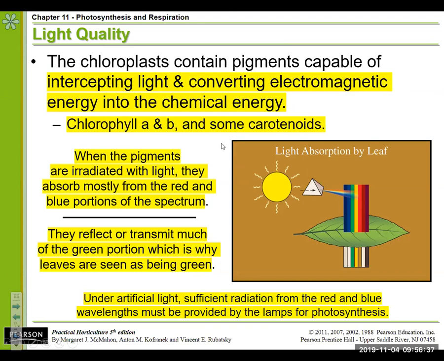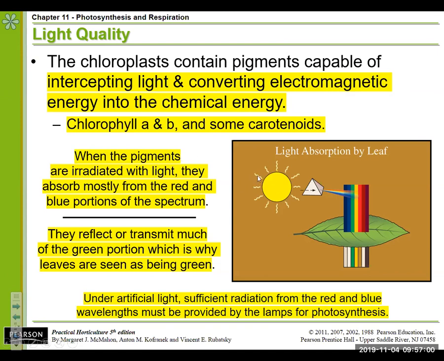When we look at the chloroplasts themselves, they contain different pigments. Some that are capable of just intercepting light and converting it from the electromagnetic energy from the sun into the chemical energy in plants, which we see as chlorophyll and some of the carotenoids.